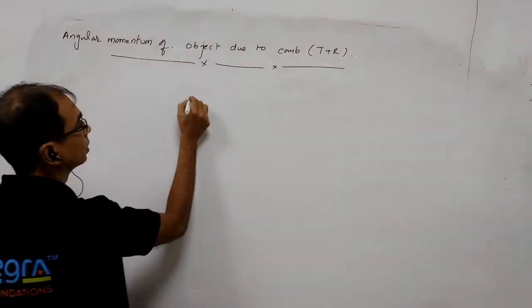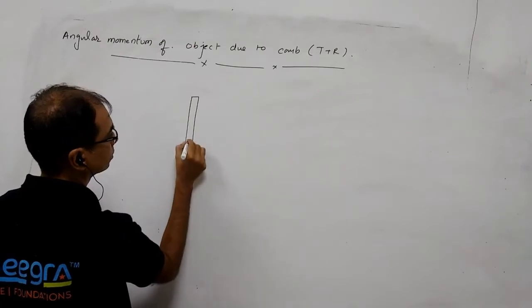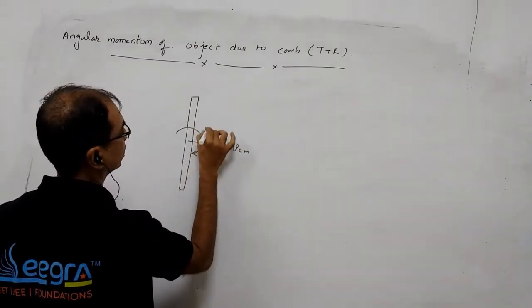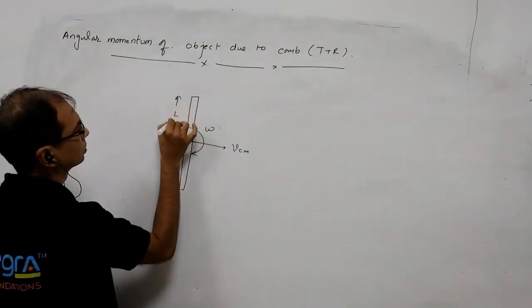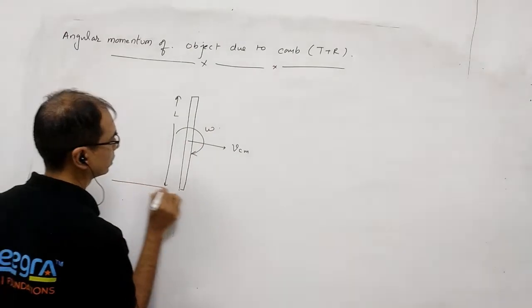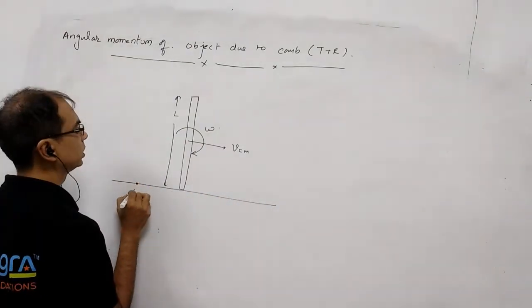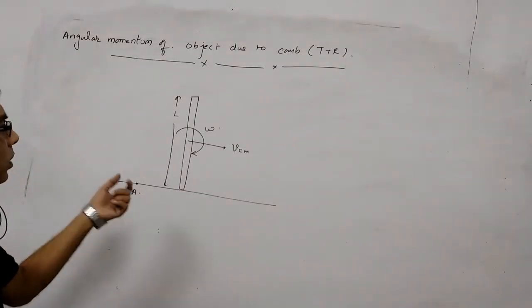Let's take a rod over here. This is VCM and this is omega, and the length is L. Now suppose we want to write angular momentum about this point. This point is A. About this point I want to write it.